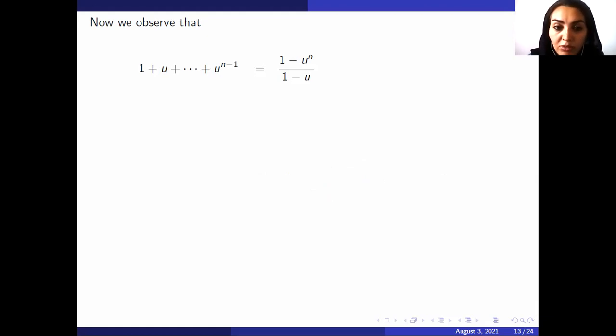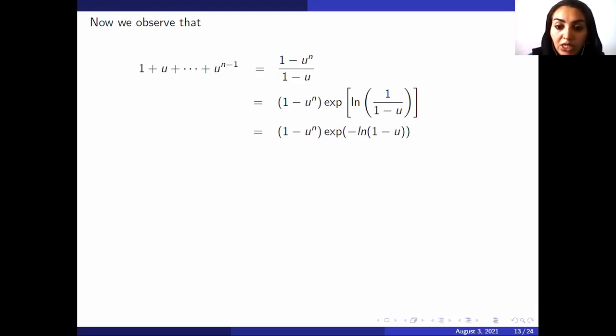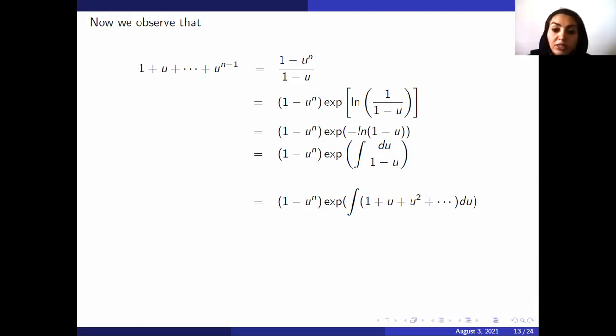Since 1 over 1 minus u, we can write in this exponential form, so we have this equation, and the last part is now sigma minus ln 1 minus u. Then we can write it as the integral of du over 1 minus u again. And this 1 over 1 minus u we can write again as this summation 1 plus u2, etc. And then we take the integral.